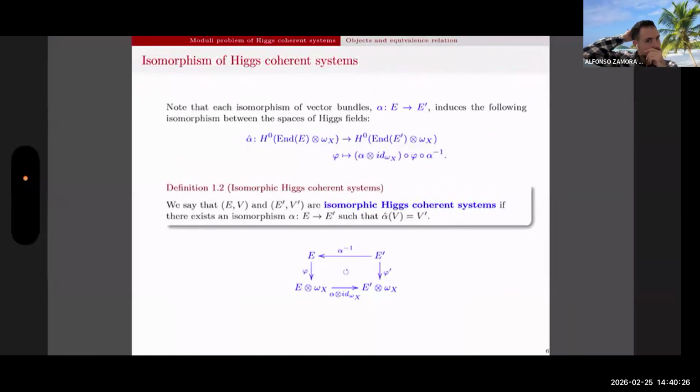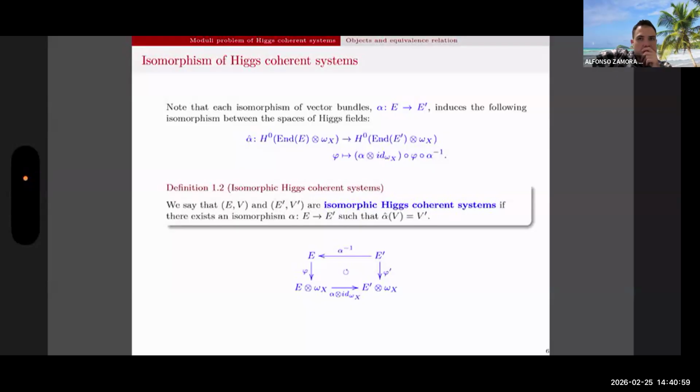And we say that two Higgs coherent systems, (E, B) and (E prime, B prime), are isomorphic if the underlying vector bundles are isomorphic and the induced map preserves the vector space structure of B, in the sense that it maps B to B prime. Note that this definition is an extension of the usual notion of equivalence relation for Higgs bundles.